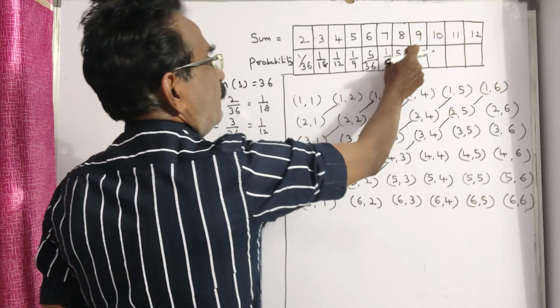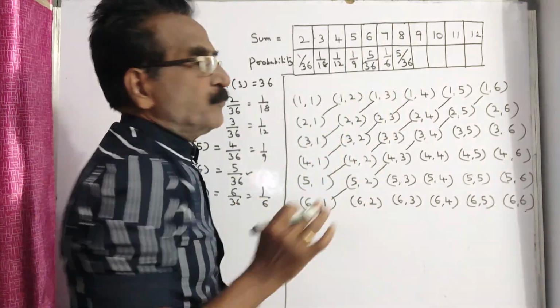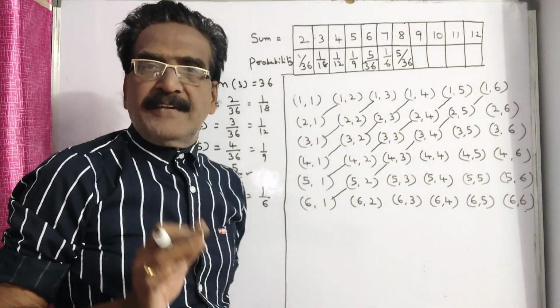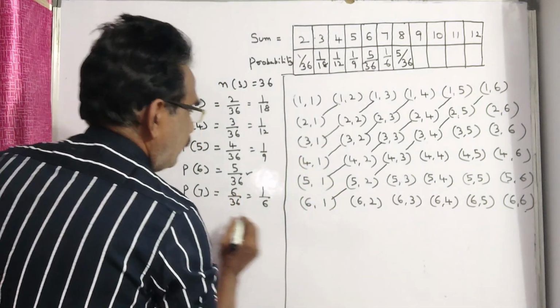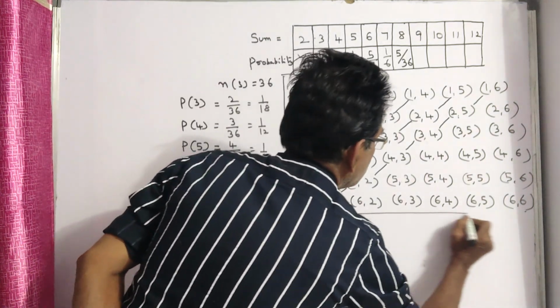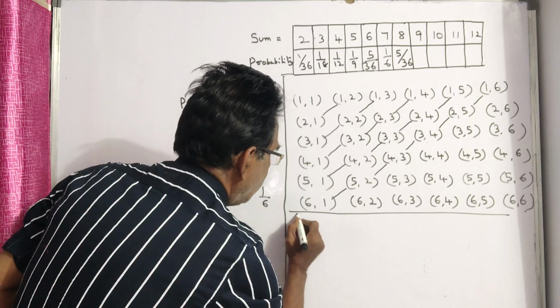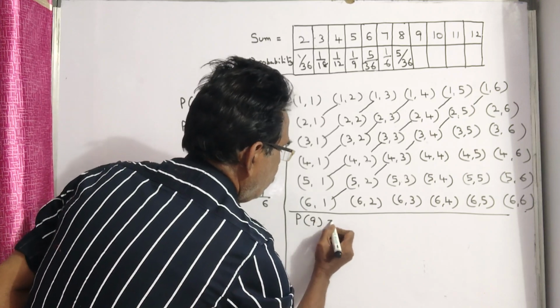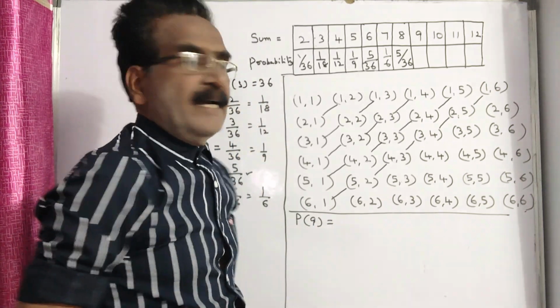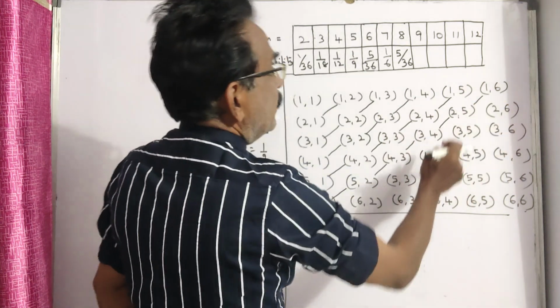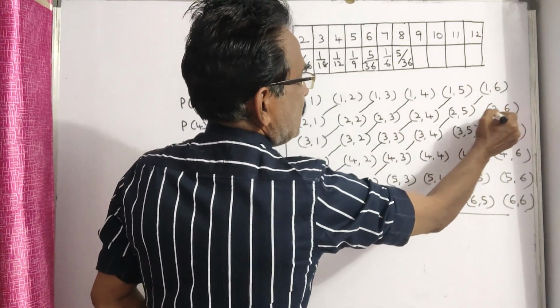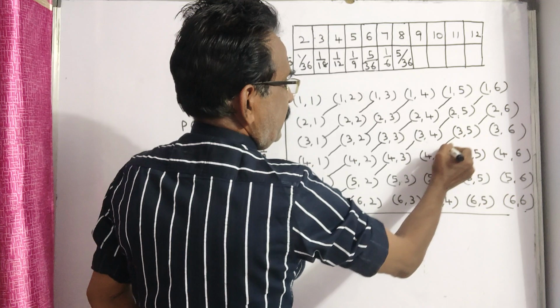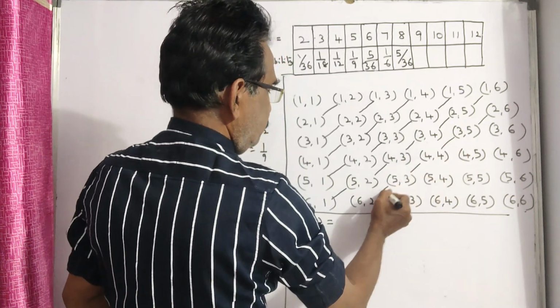Then the probability of getting 8 is already given. Now let us calculate the probability of getting the sum 9. See, 8 is already given.